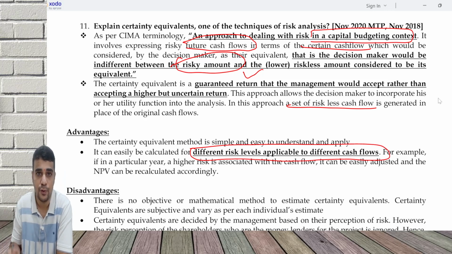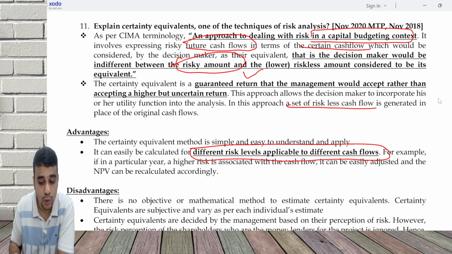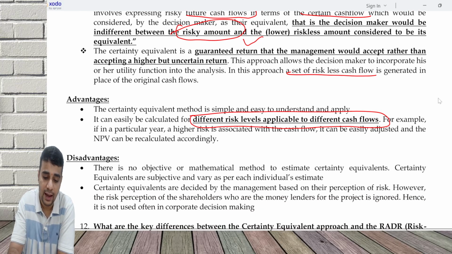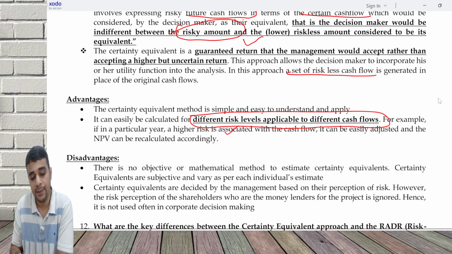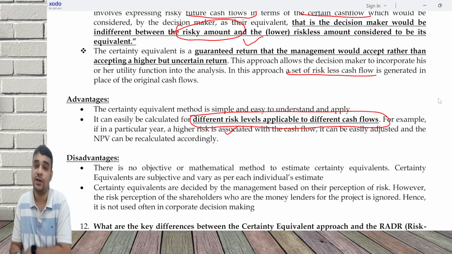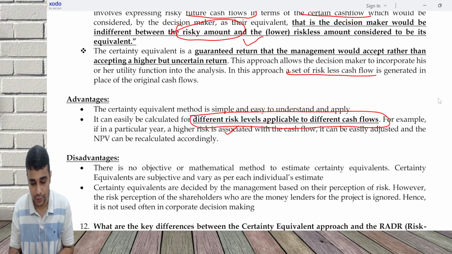First year cash flow could be relatively less risky. Second year, third year, the risk will keep going up. In a particular year, a higher risk is associated. It can be easily adjusted. That adjustment is possible in the certainty equivalent approach.